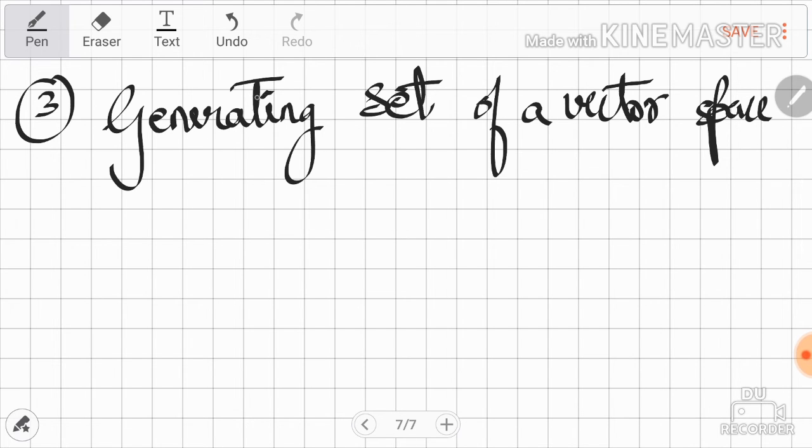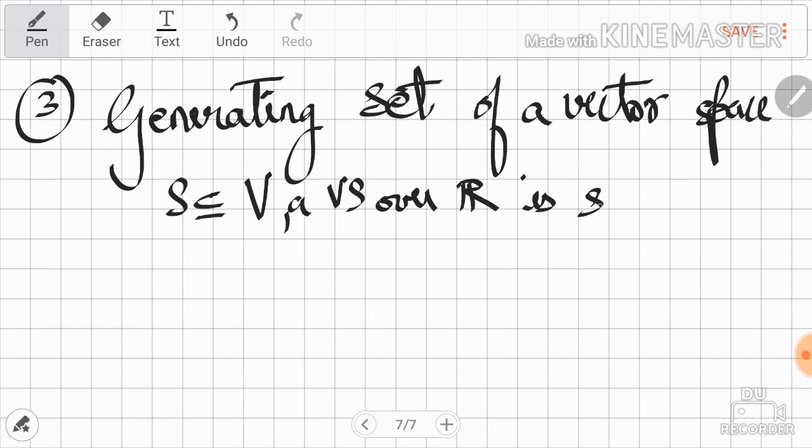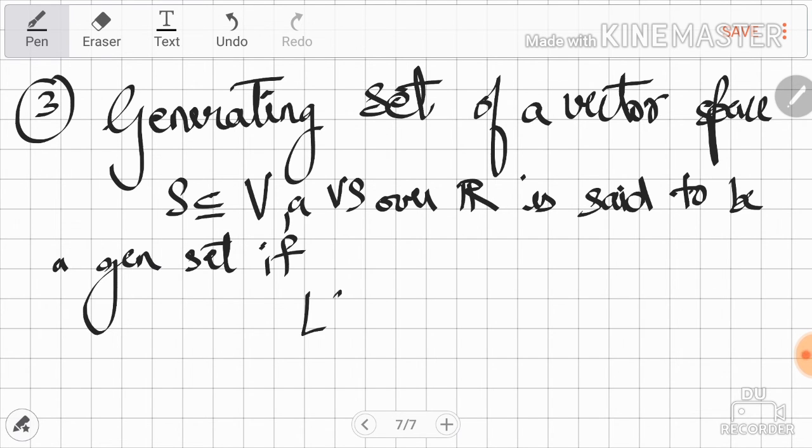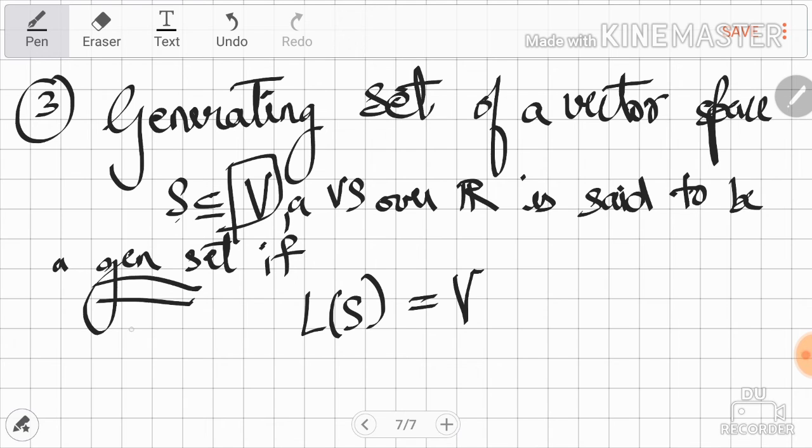So S subset of V, a vector space over R, is said to be a generating set if L of S gives you the entire, I was about to write there R2. Since I'm talking about a general vector space, I should write there V. So any set is said to be a generating set of the vector space if the linear span of that set is equal to the entire vector space.